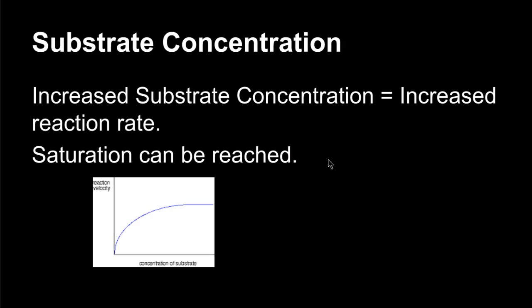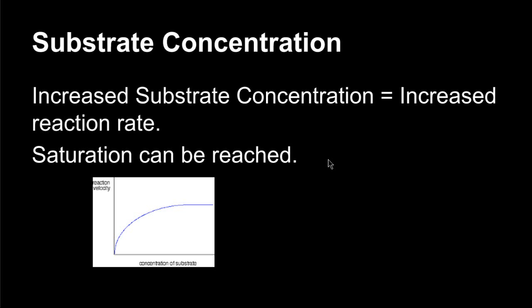But when you're looking at an increase in substrate concentration, usually this will end up leveling off at some point. And so you might wonder why that is. And the reason for that is because eventually all of the enzymes will be used up. And when all the enzymes are used up, there's nowhere for the substrate to essentially bind to undergo a reaction.